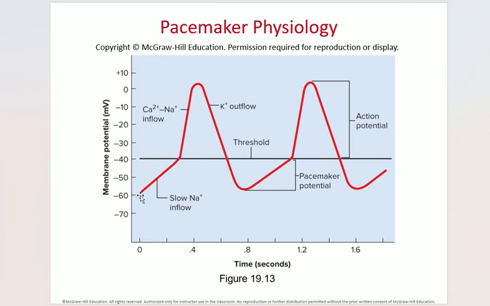We started at negative 60 millivolts. We've added enough sodium until we got to negative 40 millivolts. So then a bunch of calcium and sodium are going to come in really fast, reaching this 0 millivolt area.